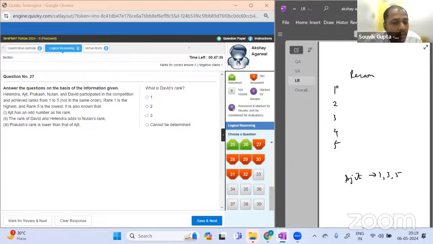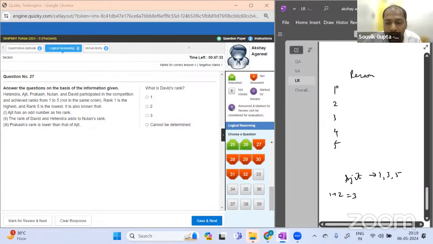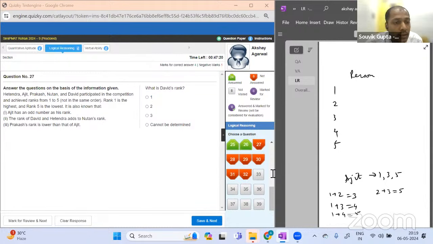The rank of David and Hitendra adds to Nutan's rank. 1 plus 2 equal to 3, 1 plus 3 equal to 4, 1 plus 4 equal to 5, 2 plus 3 equal to 5. These are the only possibilities. David plus Hitendra equal to Nutan, so Nutan's rank cannot be 3. It cannot be better than 3.